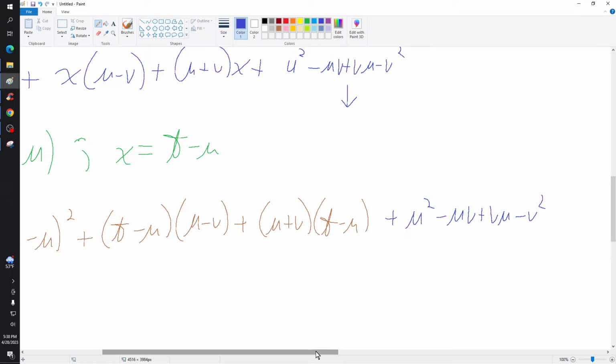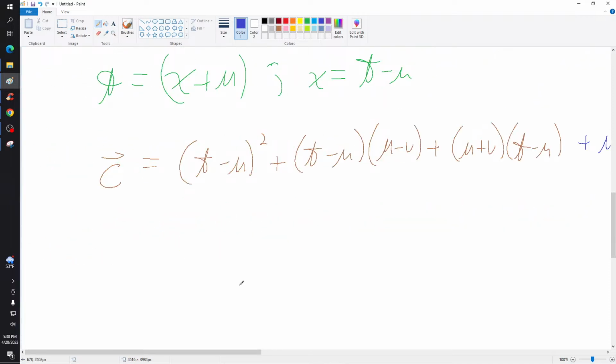All right. So let's go ahead and FOIL it all out. So C equals T squared, minus TU minus UT plus U squared. Then we get here plus TU. So this already canceled.